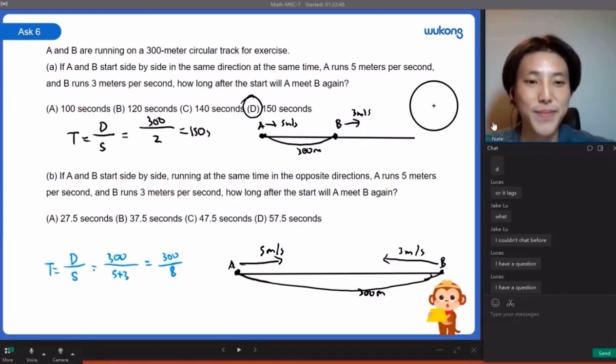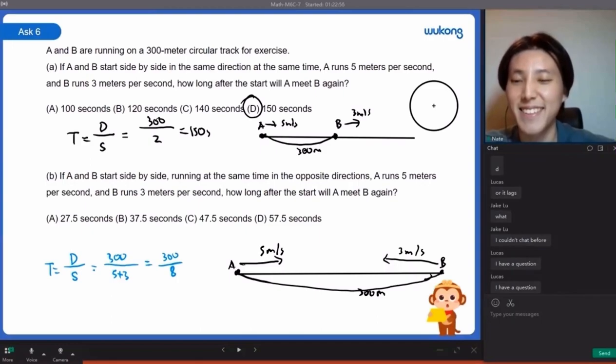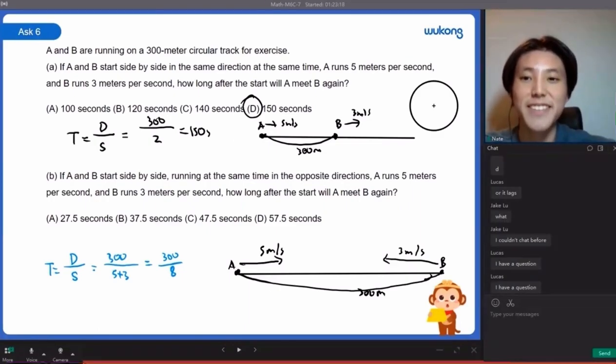For the answer for the first one, you said it's D, but technically it says they're asking how long after the start will A and B meet again. But technically, with 120 seconds, doesn't that mean 5 meters times 120 seconds is 600 meters, and 3 times 120 is 360?